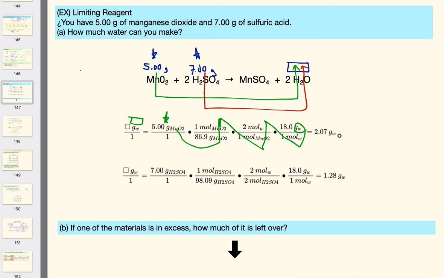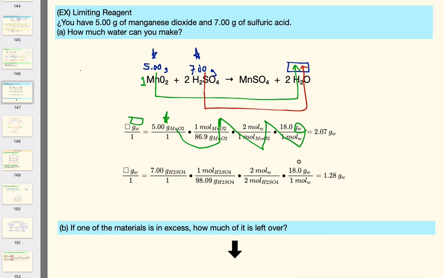However you want to punch it on your calculator, I normally just go left to right, following this setup. So I would have punched 5 divided by 86.9 times 2 times 18. Where did I get this? The periodic chart. The weight of 1 manganese and 2 oxygens gives 86.9. Where did I get this 1 to 2? For every 1 mole of manganese dioxide, I get 2 moles of water.